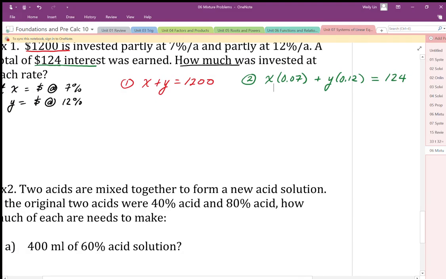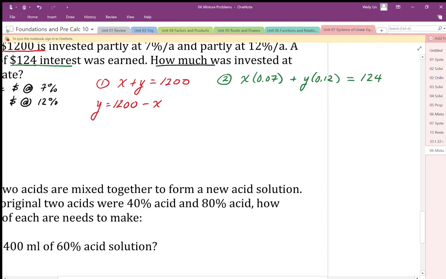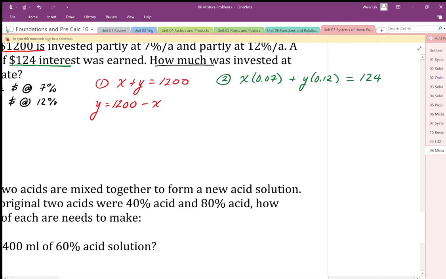Then I just need to solve. I'm going to use substitution here, so I'm going to solve for y. The amount invested at 12% is the whole money, take away the amount I used to invest at 7%. I'm going to substitute that into my other equation, and a reminder that you cannot substitute back into the same equation. So I'm going to substitute into equation 2.